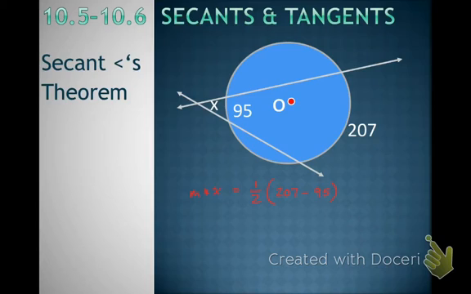So if I take 207 and I subtract 95, I get 112. And if I divide that by 2, I end up with a measure of angle x equal to 56 degrees. So we would have that angle outside of our circle. We could find the measure of that angle just simply based on the arc measurements.